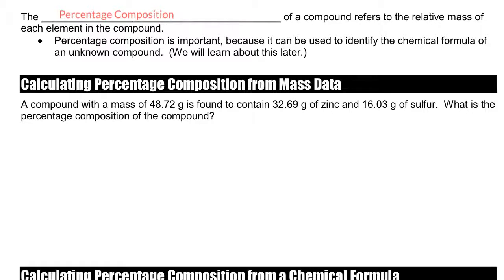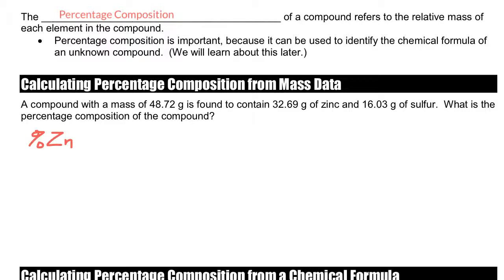In this example, the sample of the compound has a mass of 48.72 grams. That's the total mass of the sample. Once it's analyzed, we find that there are 32.69 grams of zinc and 16.03 grams of sulfur within that compound.